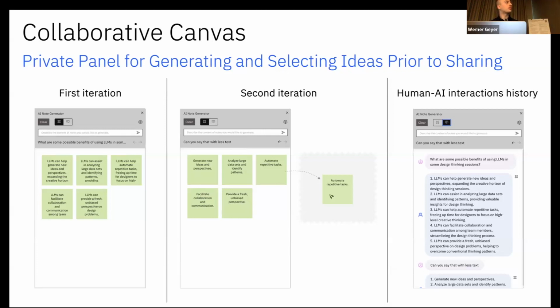So did you notice any behaviors where people were bothered because some notes were generated and others were from a person? No, because the rest of the users don't need to know from where those sticky notes were created, in a private way or in the public way.